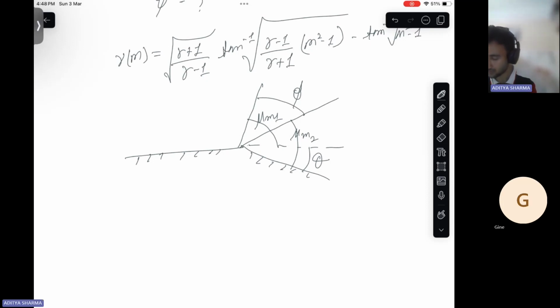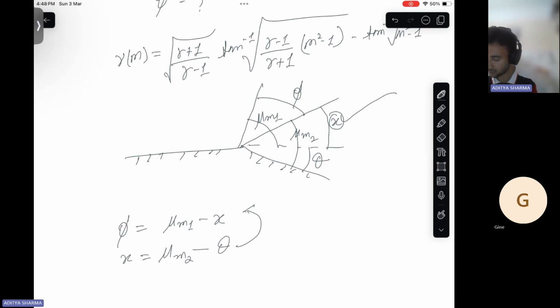So if you see the phi, let's say this angle is x. If you subtract x from this mu m1, we get phi, right? But what is x? X is nothing but mu m2 minus theta, right?